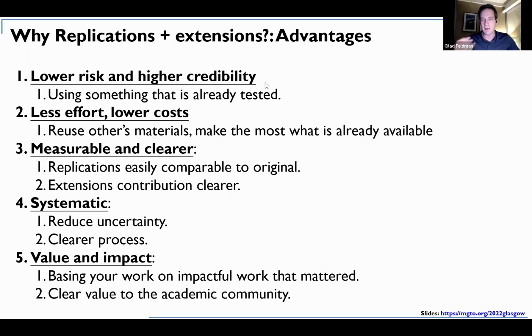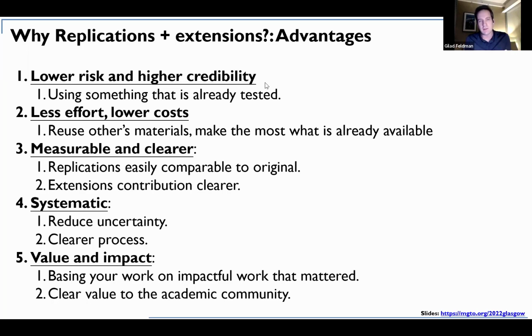It's much clearer and easier to measure because you know exactly what somebody replicated from the literature and what somebody added. So you know exactly where the contribution is. You don't have people guessing, wait, what is the link to the literature? What is the novel contribution? If you do replication extension, you know exactly where the extension is and what the insights are compared to what the literature is saying.